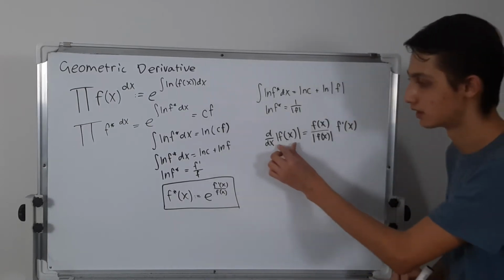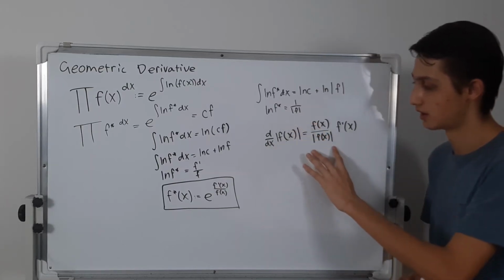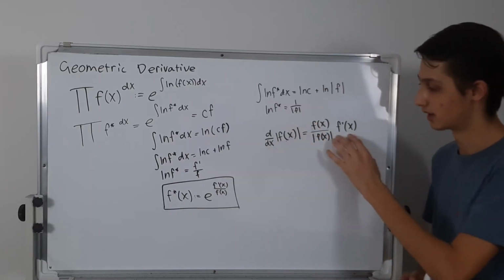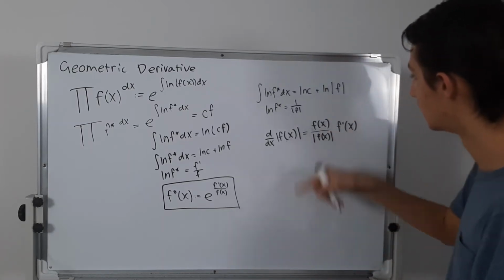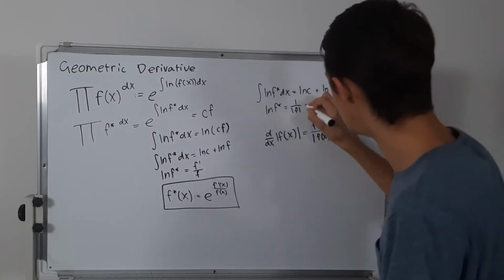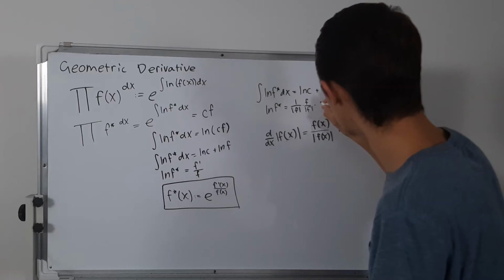Because the derivative of the absolute value of x is just x over absolute value of x, but since we have this f, we have to obviously multiply by the derivative of f. So this is going to give us times f over absolute value of f times f prime, right?